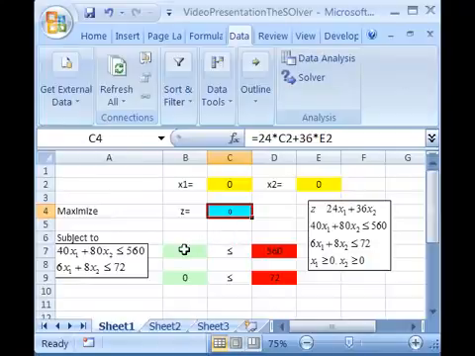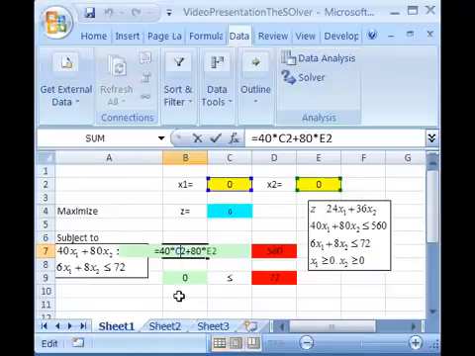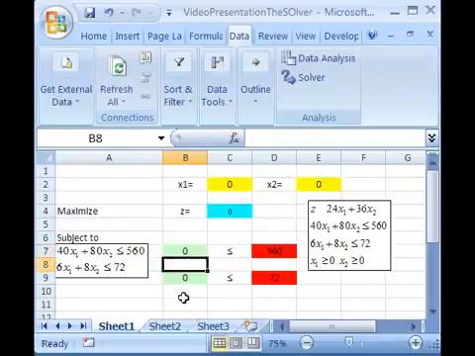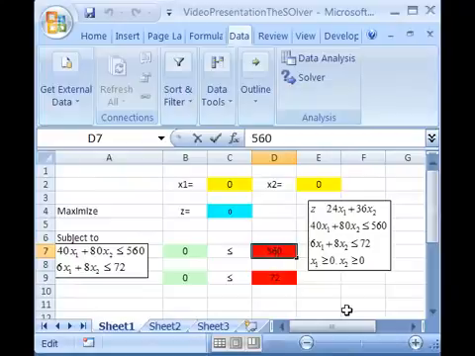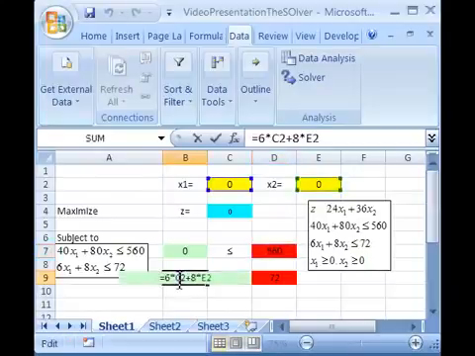Then you'll go ahead and write in the two halves of the constraint equations, just like you did with the equalities. In here I wrote the equivalent of the first constraint equation, which was 40 times C2 plus 80 times E2. Over here in the red, I wrote just the 560 because that represents the right hand side of the inequality.